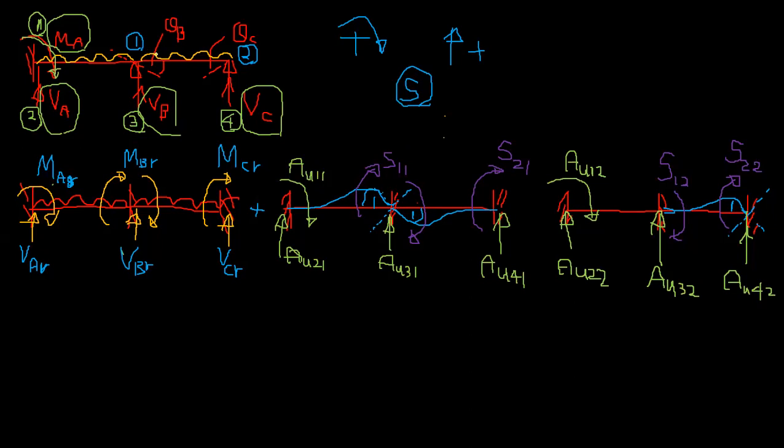But the original theta is theta B. So that means I need to multiply everything by theta B.